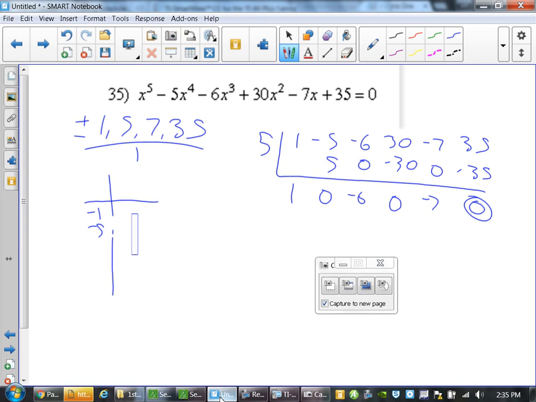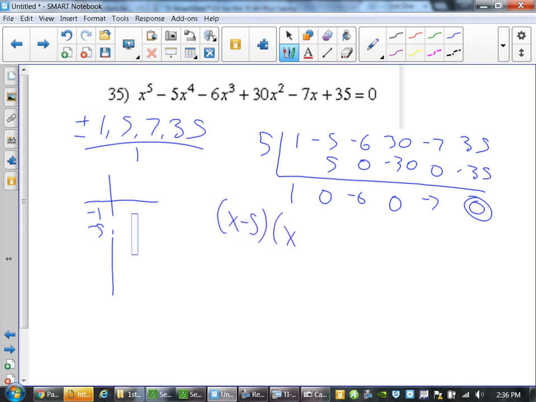I have a 0. What were you looking for in the table? 0 in the y column. That means you have a 0 for x. So this gives you x minus 5, and then you have x to the 4th minus 6x squared minus 7. And that's a factorable trinomial. You'll have an x squared minus 7, and then x squared plus 1.